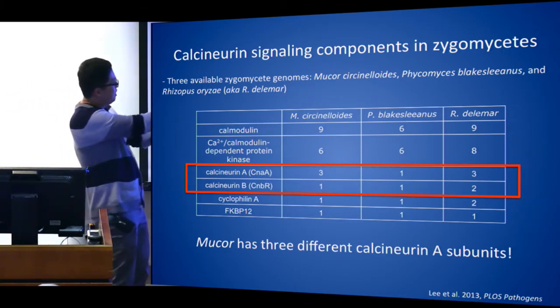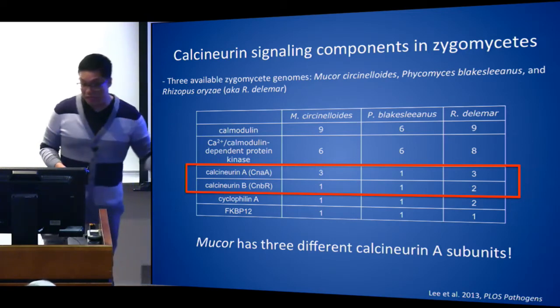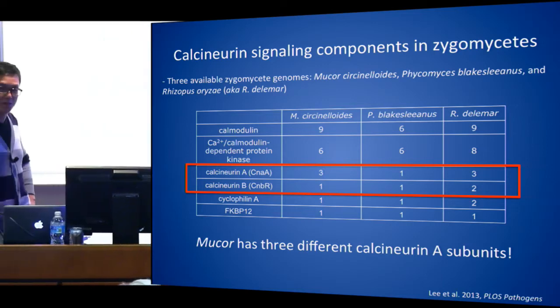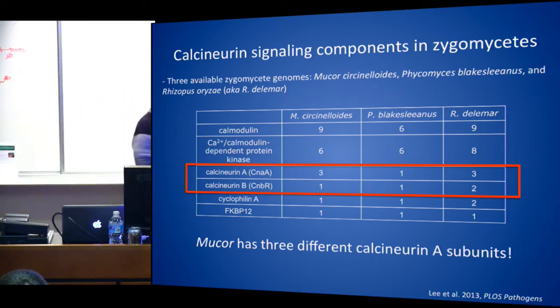I just focus on these two. The interesting thing is Mucor has 3 catalytic subunits. This is very unusual. Most fungi have a single catalytic subunit and a single regulatory subunit. One exception is Saccharomyces cerevisiae, which has 2 subunits because of whole genome duplication. But this one has 3. It's very unusual.